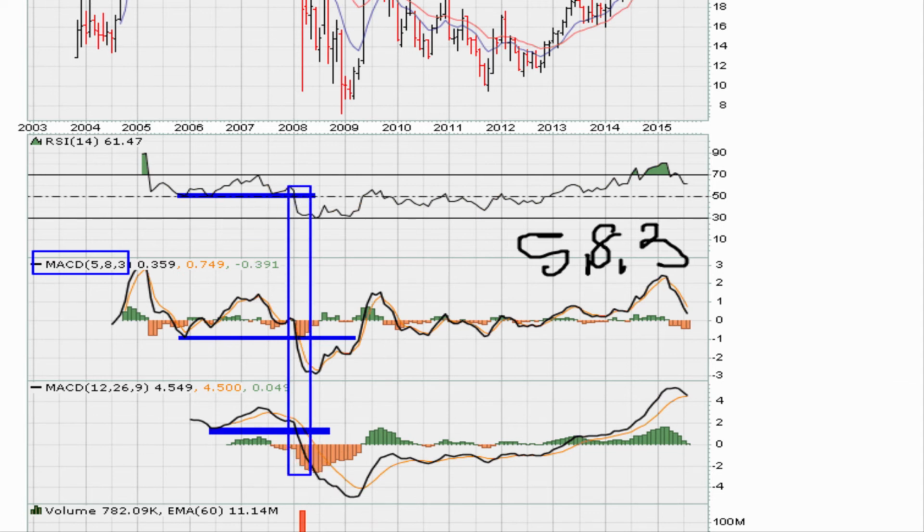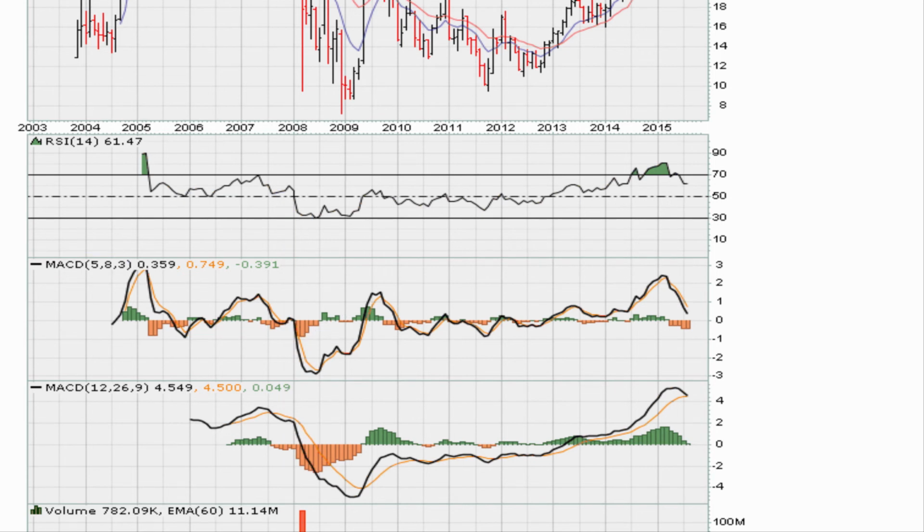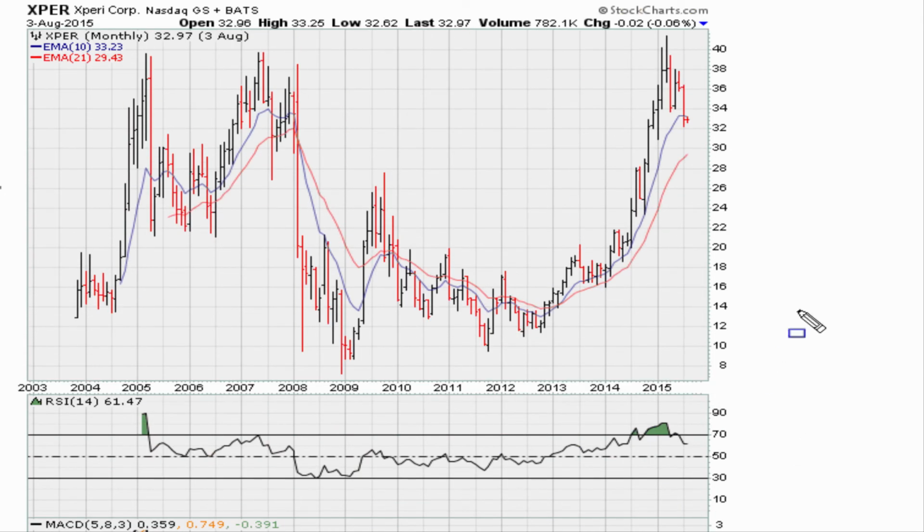But let me cover that because I get asked that a lot. You can see RSI at all-time lows, MACDs went to all-time lows, both MACDs went to all-time lows. We only need one of the MACDs to go to all-time lows, and that is why we had that significant drop in early 2008.